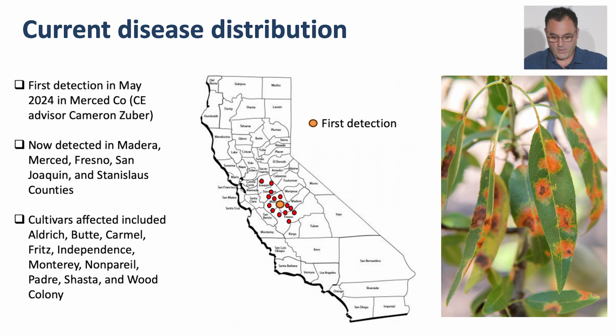But another concern for the industry is that our main almond cultivars are highly susceptible, and we're talking about Ulrich, Butte, Carmel, Fritz, Independence, Monterey, Nonpareil, Padre, Shasta, and Wood Colony.